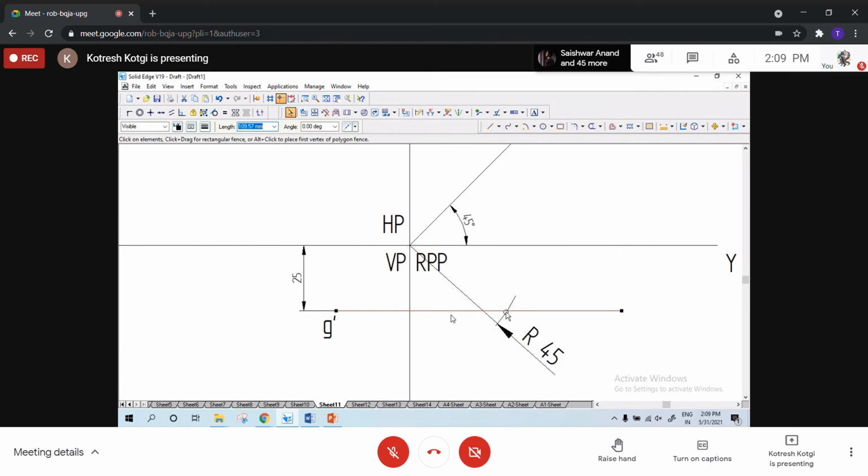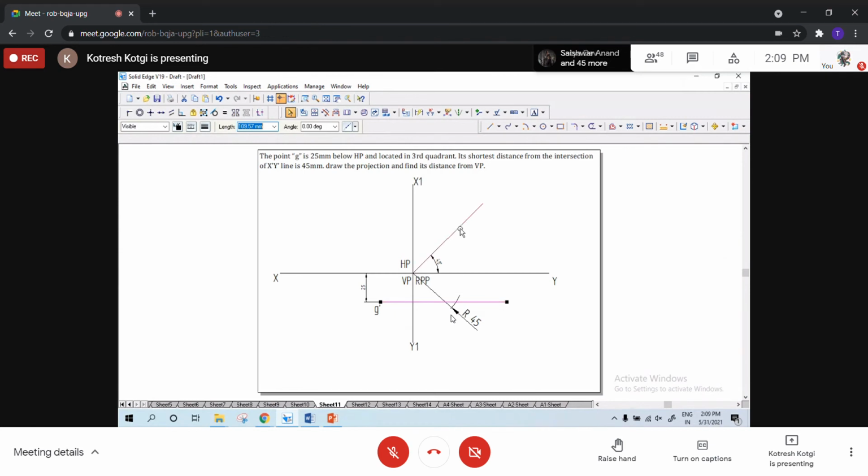From there, draw the vertical projection where this will intersect the 45-degree line. From that intersection, if you draw the horizontal projection, and from the front view, draw the vertical projection, you'll get the top view. I'll complete the problem, just observe. From this intersection point, I'll draw a line till it intersects the 45-degree line.